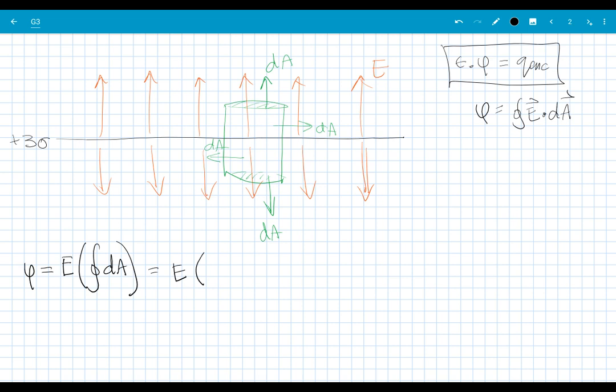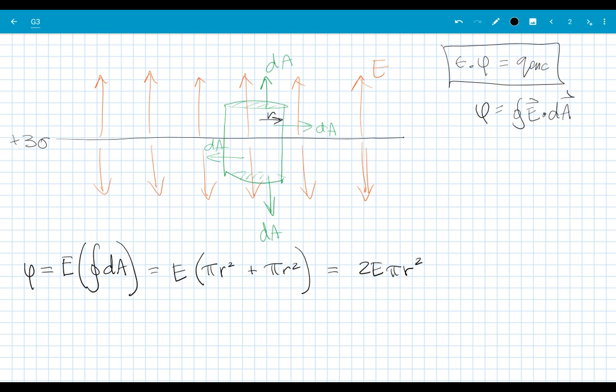If this is a cylinder, say this cylinder has some radius r. So I can say pi r squared plus pi r squared, for instance. Both the end caps are going to contribute. I have flux through both end caps. So that's going to be 2E pi r squared.